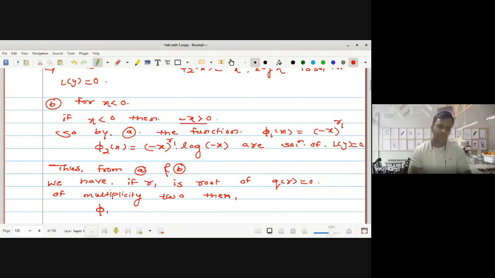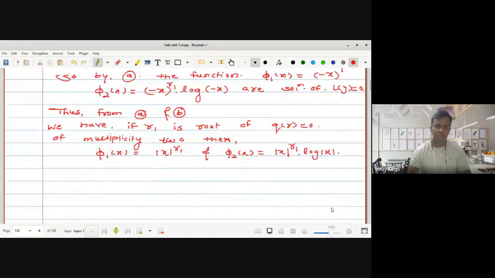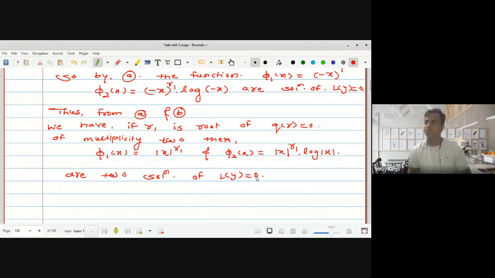Then phi1 of x is equal to mod of x raised to r1 and phi2 of x is equal to mod of x raised to r1 into log of mod of x are two solutions of L of y is equal to 0. Okay, any doubt up to here?